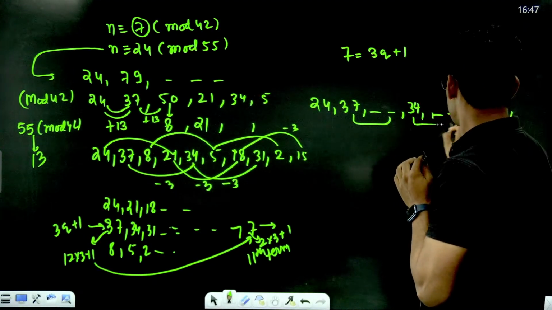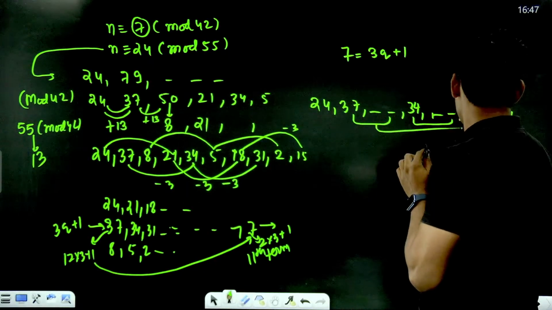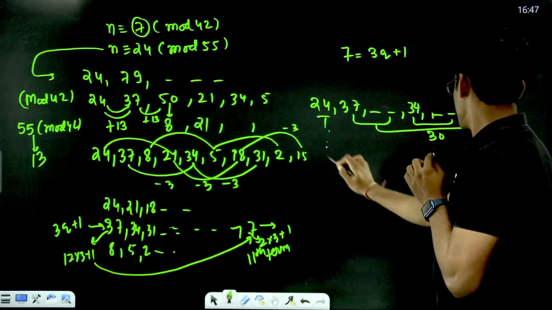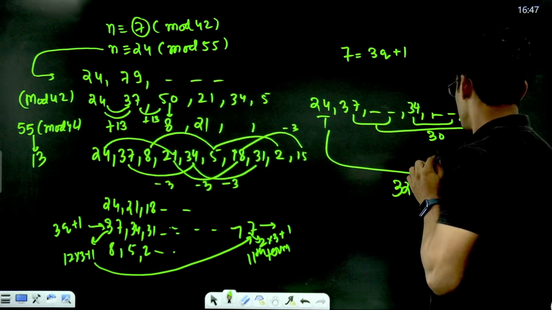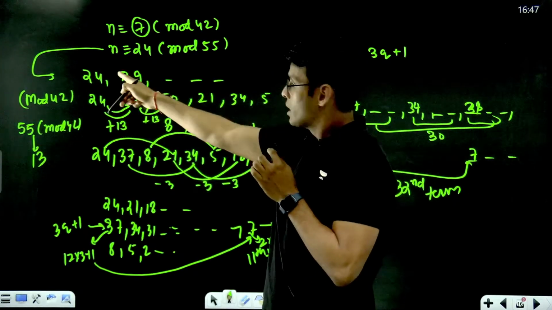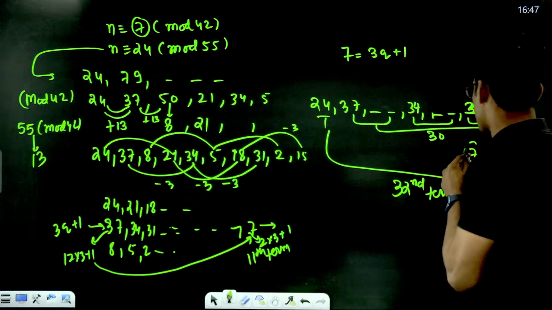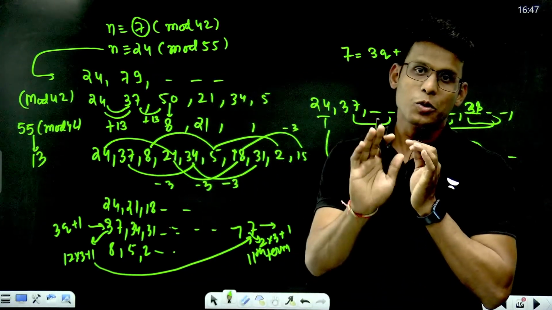If I take chunks of 3, I will have 30 terms. Then this one is the 32nd term of this whole AP. The 32nd term will leave 7 as remainder. I will solve it using Bezout's lemma also, don't worry about it.